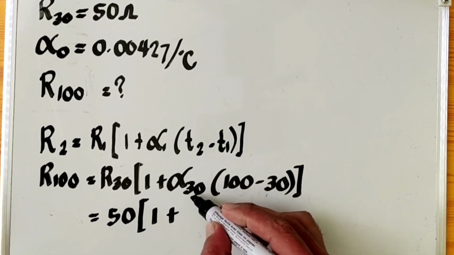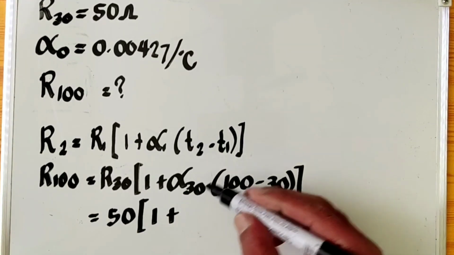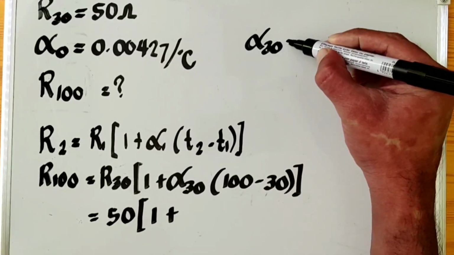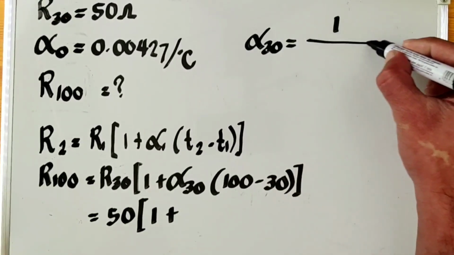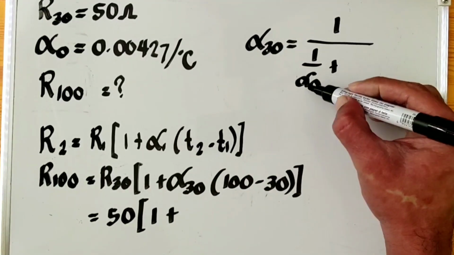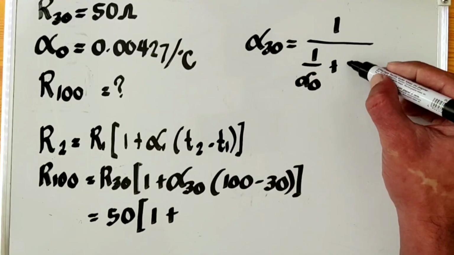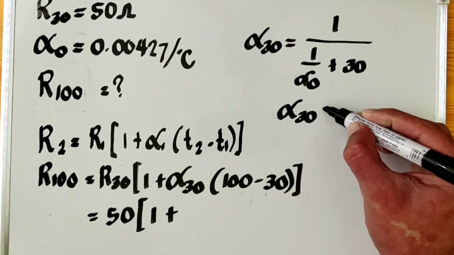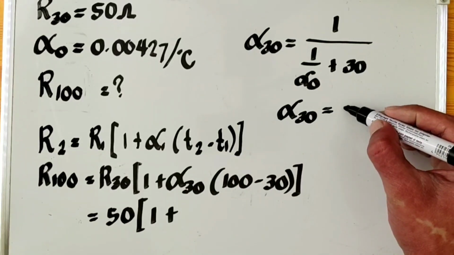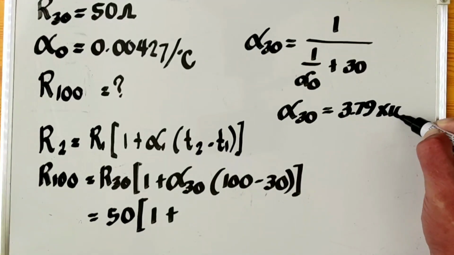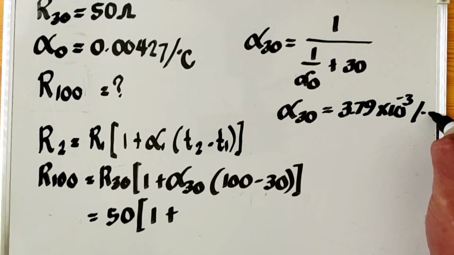1 plus alpha 30. We don't have yet the alpha 30, but we can get it through the principle I have taught, that alpha 30 is 1 over alpha 0 inverse plus what should be added to 0 to make it 30, that will be 30. So upon calculation, alpha 30 is equal to 3.79 times 10 to the negative 3 per degree centigrade.